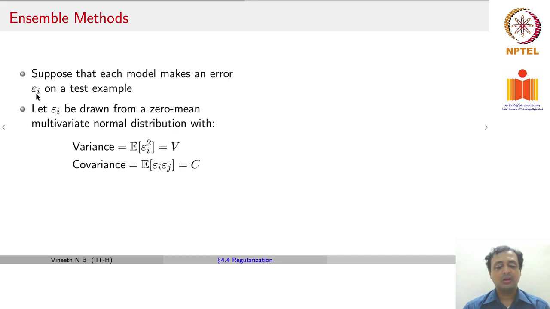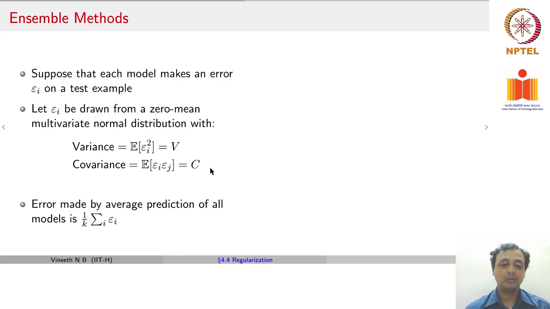To be able to mathematically analyze this, let's assume that epsilon_i is drawn from a zero mean multivariate normal distribution with variance E[epsilon_i^2] given as V, and covariance E[epsilon_i epsilon_j], that is the covariance between these models, given by a quantity called C. The error made by the average prediction of all of these models is (1/k) summation over i of epsilon_i. That's the average error made by all models for the given test example.